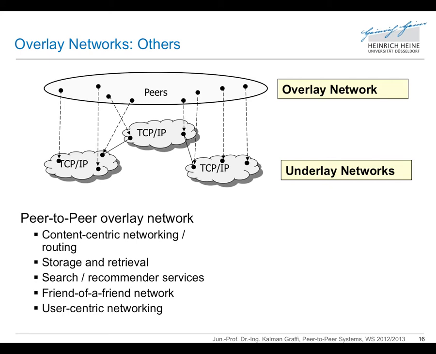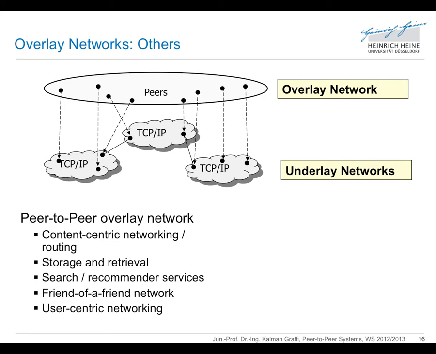There can also be some recommender, so that you get recommendations of which documents are fitting. You can have friend networks where only friends connect to each other and their friends connect to their friends, and then you have a worldwide net of friends, and you can do some anonymous or trusted communication. So also the search and the lookup for friends is supported.